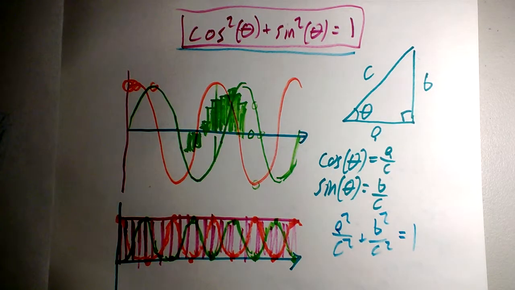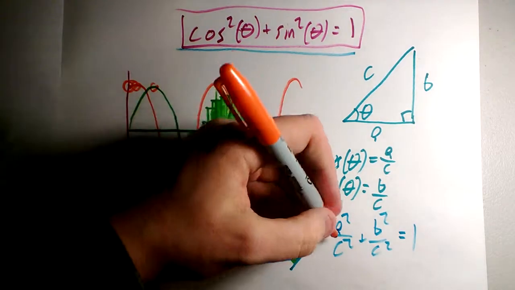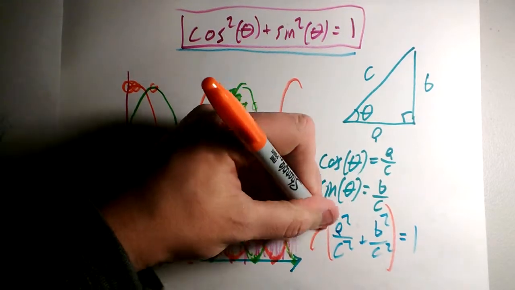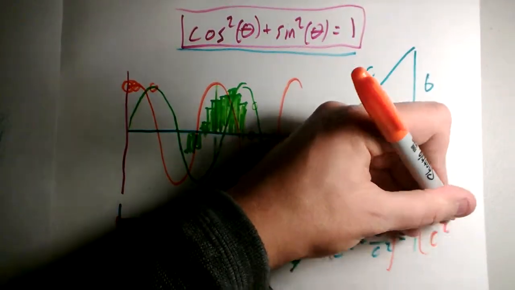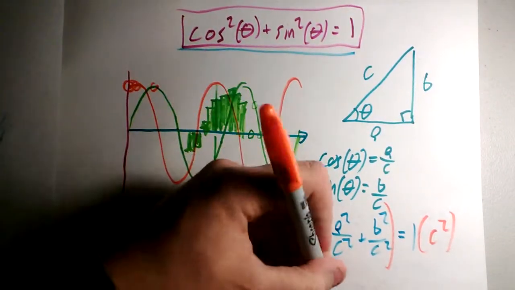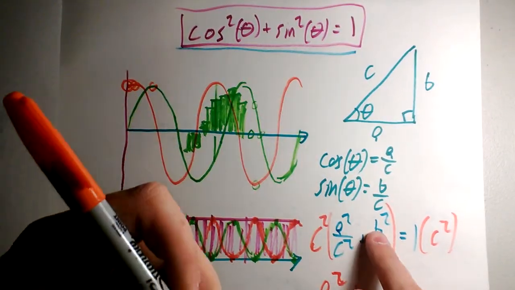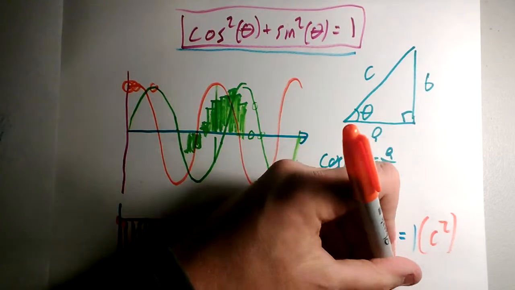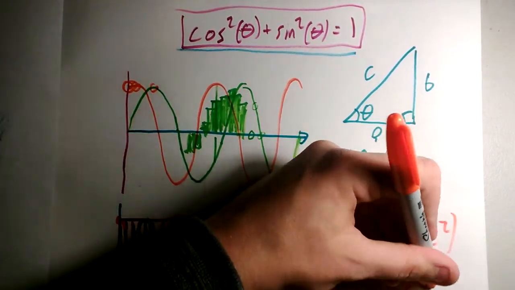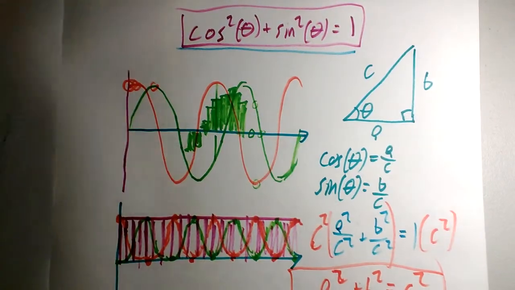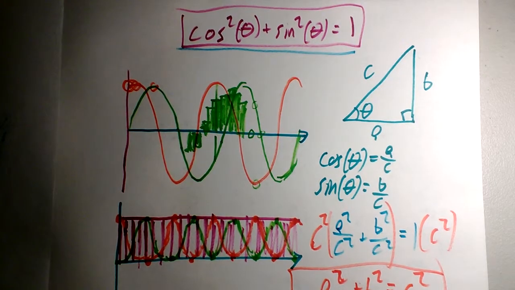Pretend it's like a 2 or something. Let's get rid of it. So multiply everything here by C squared and everything here by C squared. The C squareds go away here, that's just a fraction going away, and that's just a fraction going away. So A squared plus B squared equals 1 times C squared, which is C squared. We're right on so many levels. It's undisputable.